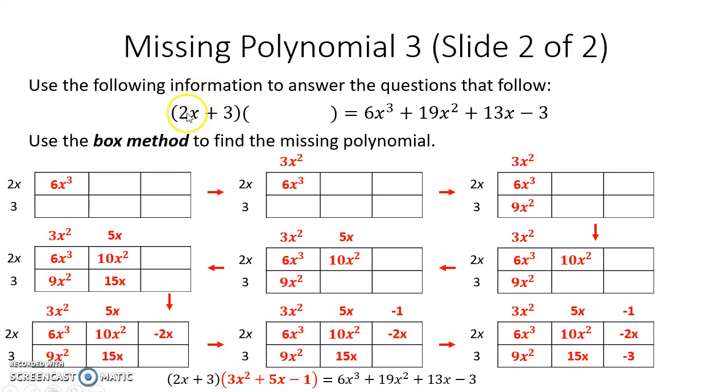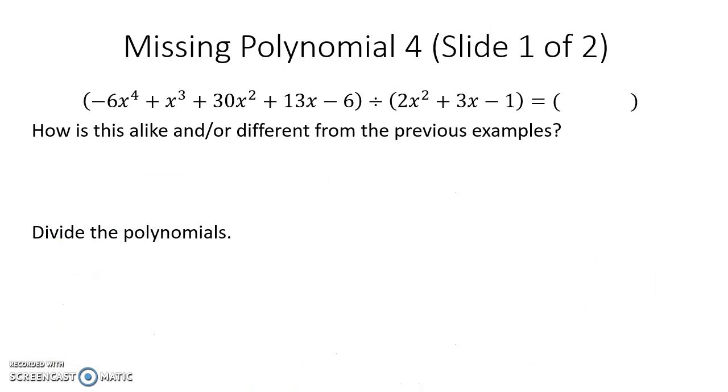Because if I want to find what number times 2x plus 3 gives me that, I can just divide both sides by 2x plus 3. So essentially what you have been doing is dividing these polynomials. So when I ask it in this way versus this way, it's the exact same thing. So you can just use the box in the same way that we did in the last 3 examples.